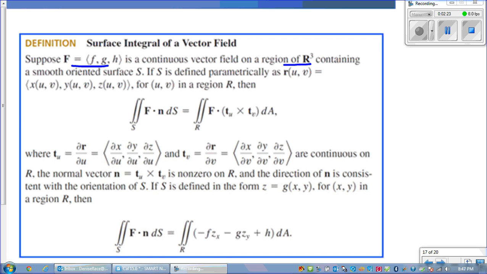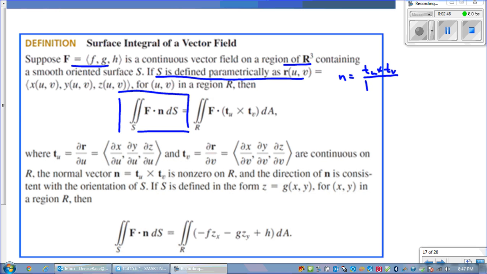It could be given parametrically, r of u, v, in which case this vector field integral will be given as the double integral of F dot n dS. Our normal vector is T_u cross T_v, but we want it to have length 1, so our unit normal vector will look like this.